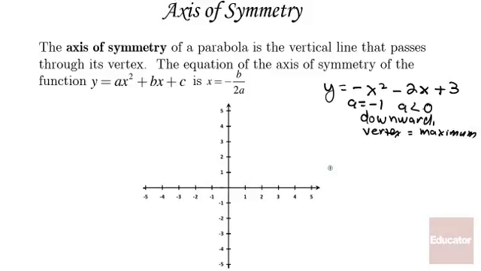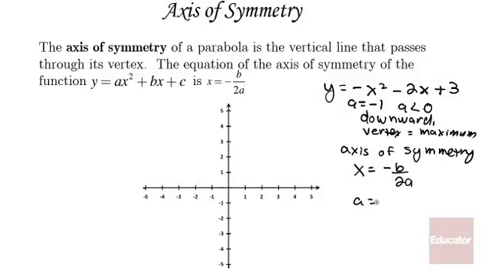Okay, next I'm going to find my axis of symmetry. And that is going to be defined by the vertical line x equals negative b over 2a. Well, I just said that a equals negative 1, and I have b equals negative 2. Therefore, x equals negative, and that's a negative 2 for b, over 2 times negative 1.